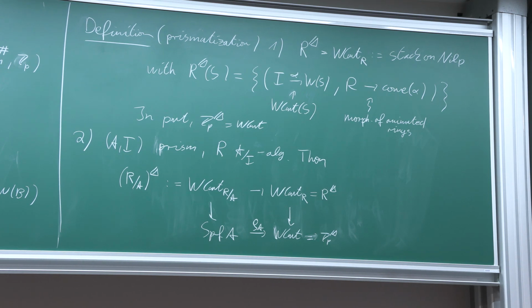These are given by multiplication on the ideal I. And then this cone of alpha just has homotopy groups in degree 0 and 1, and when the morphisms from R, I mean R is a discrete ring, to that thing, there also only exist isomorphisms which are given by derivations, basically.